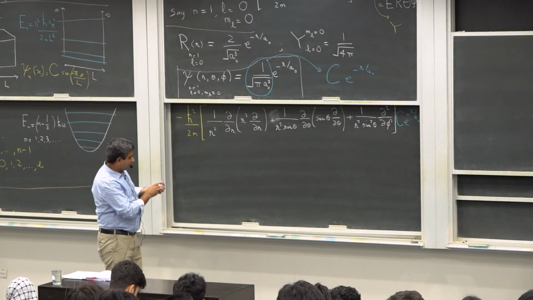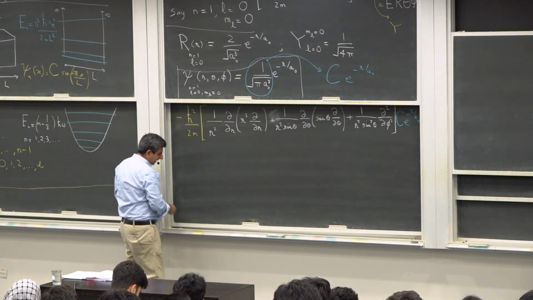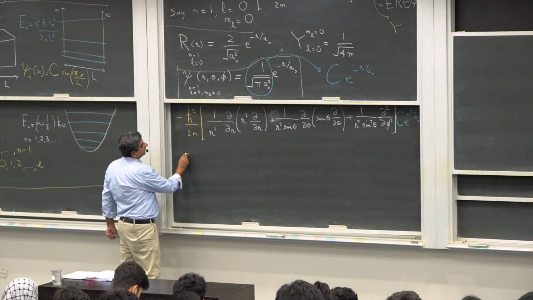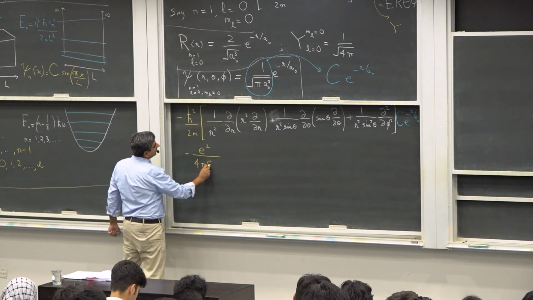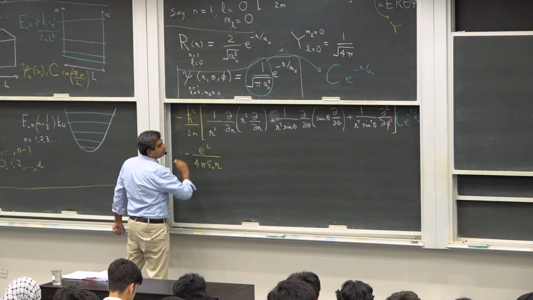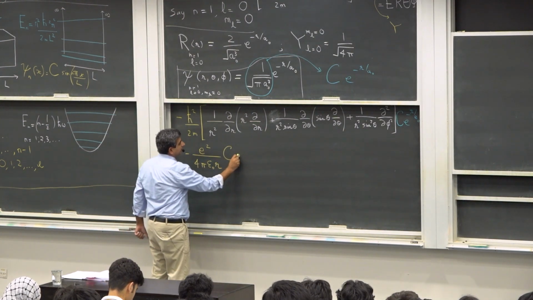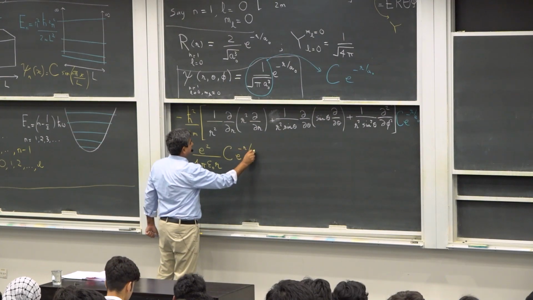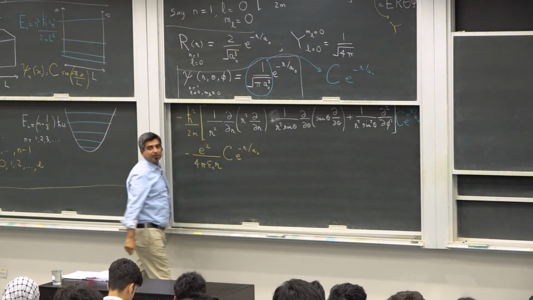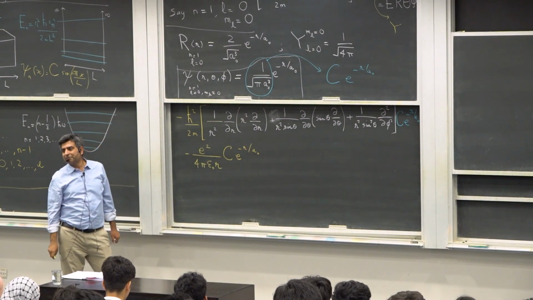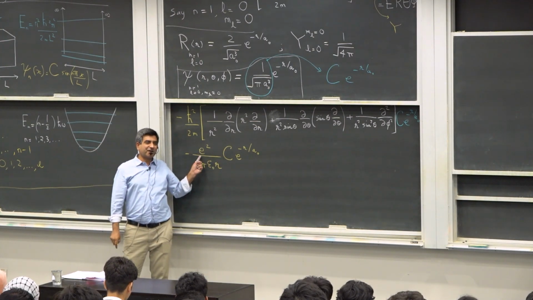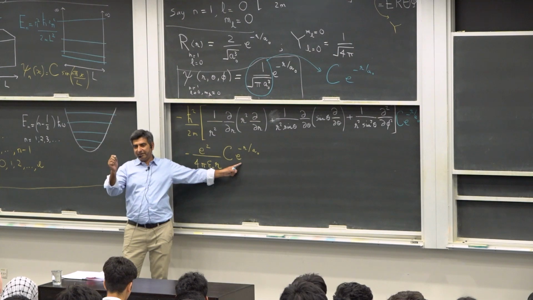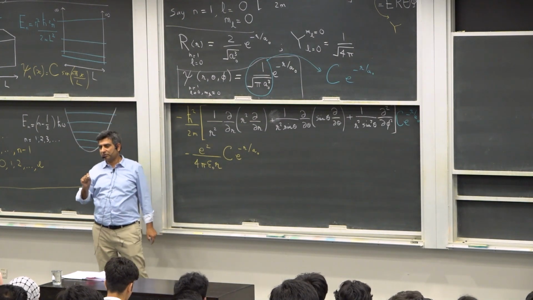The second term will be the potential energy, minus e squared over 4 pi epsilon naught r, times C e to the minus r over a naught, correct? Now do not confuse this e with this e. This is the charge on an electron, and this is the e which is the base of the natural logarithm.